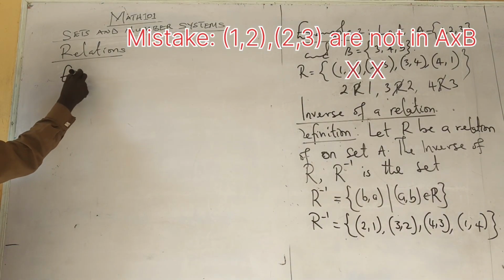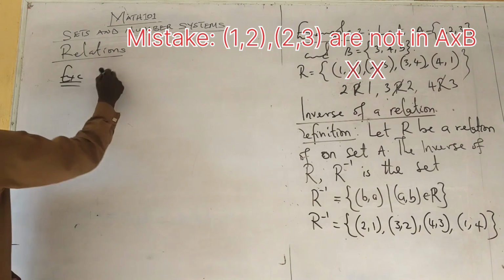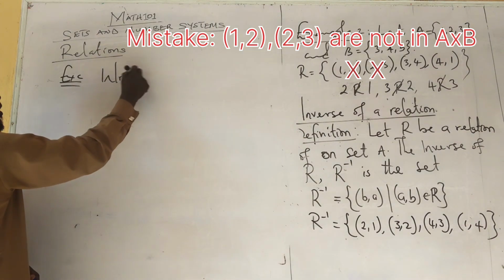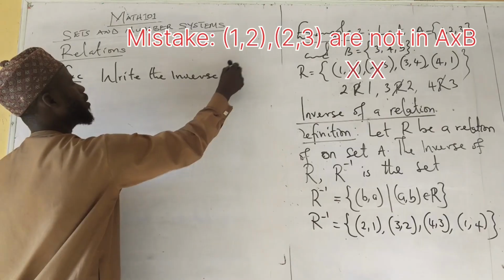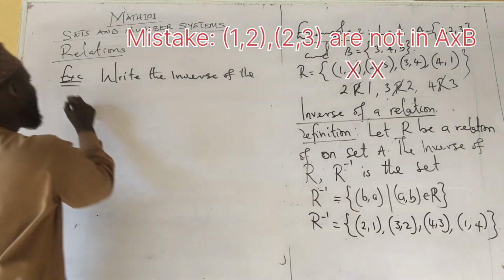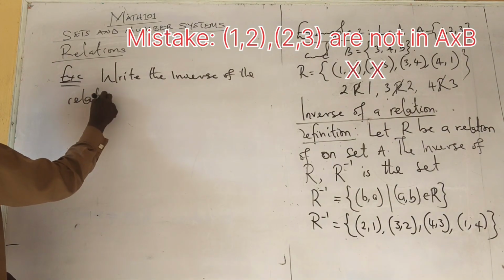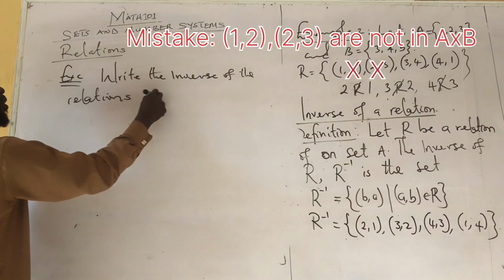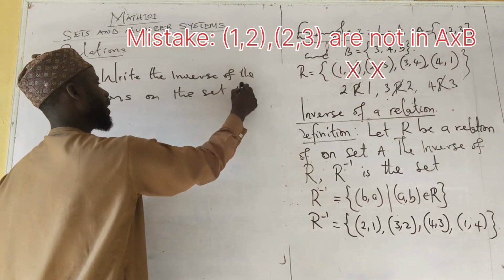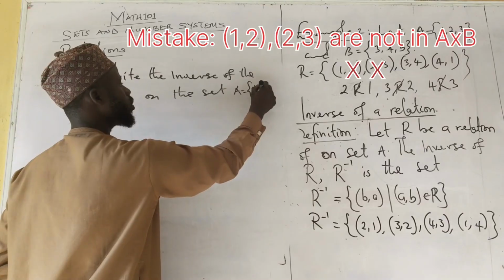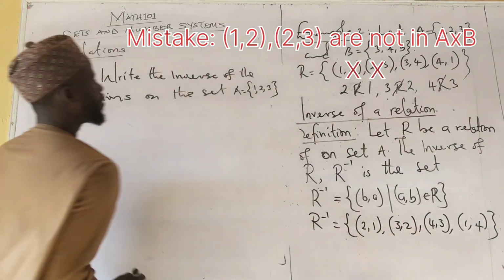Now an exercise. Write the inverse of the relations on the set A equals {1, 2, 3}.